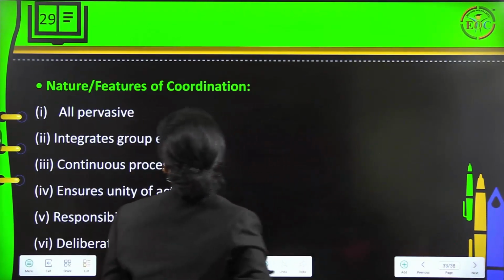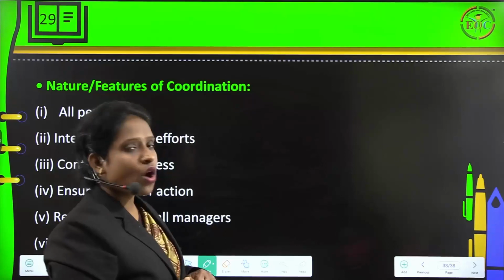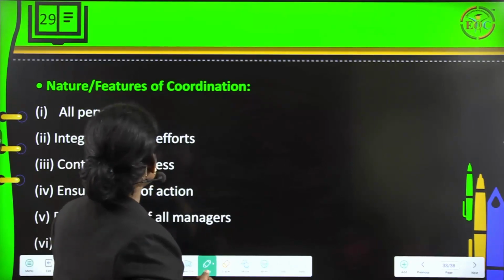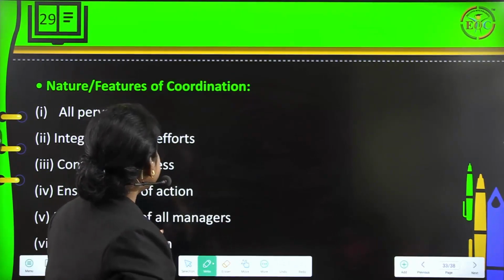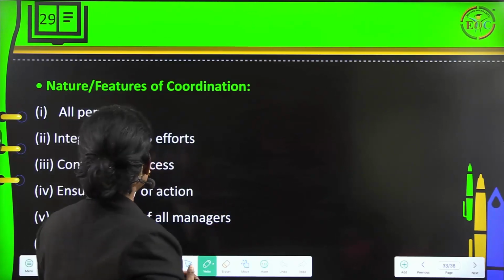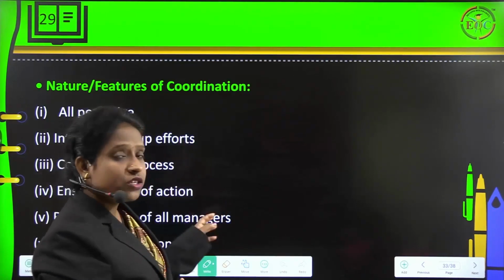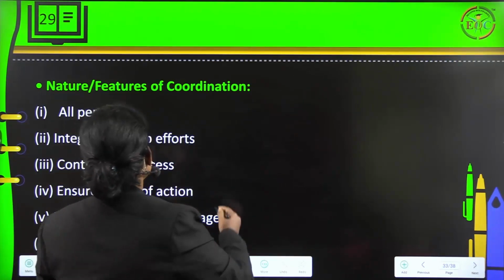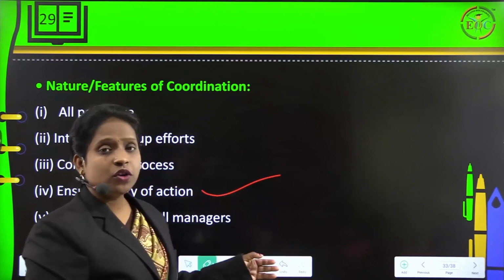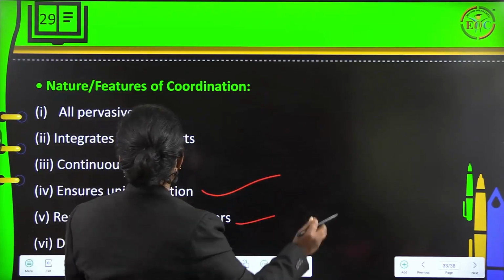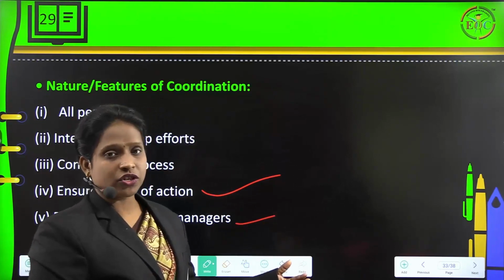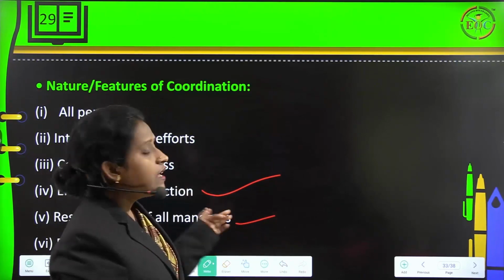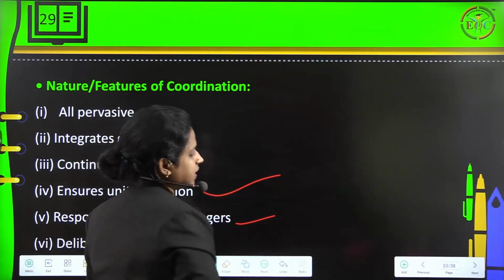Fine. Then the nature or features of coordination: all pervasive, integrates group efforts, continuous process. It also ensures unity of action, responsibility of all managers, and it is a deliberate function. So these are what we call the natures or features of coordination.